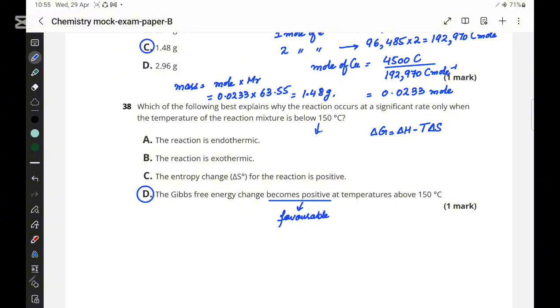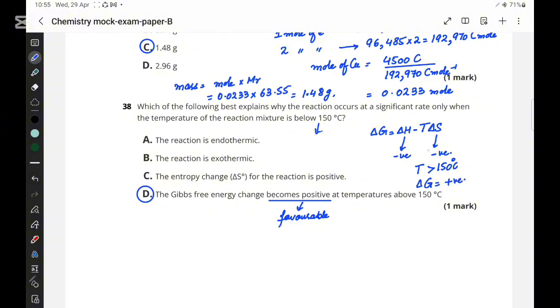But below 150 the reaction is feasible. When delta H is negative and T delta S is also negative, and when the temperature increases in this condition, when it goes above 150 degrees Celsius, the delta G here would become positive.